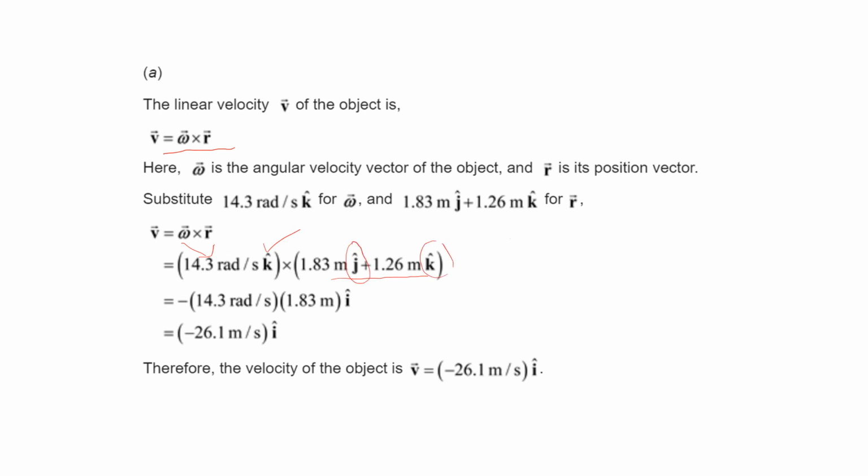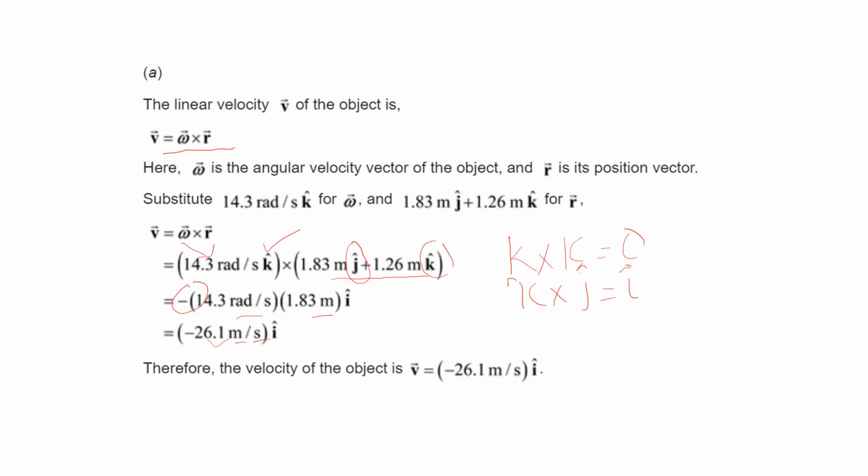We know from our basic classes that k cross k would be equal to 0, and we get the cross product k cross j in the direction of the i unit vector. It means that it's along the x-axis. Simply multiply these two and we get 26.1, and this minus is coming from the direction of the unit vector.